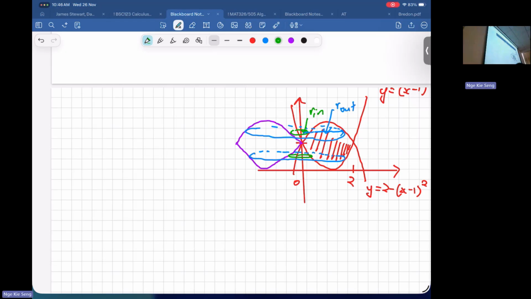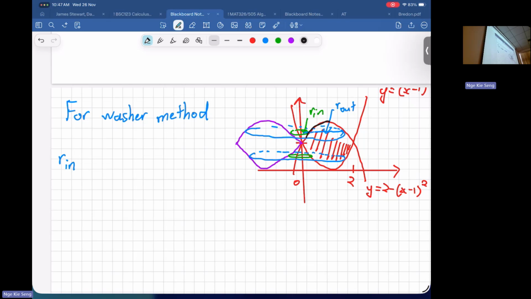So how do we split this up? For the washer method, your R in, how about let's draw it? How many colors do we have here?